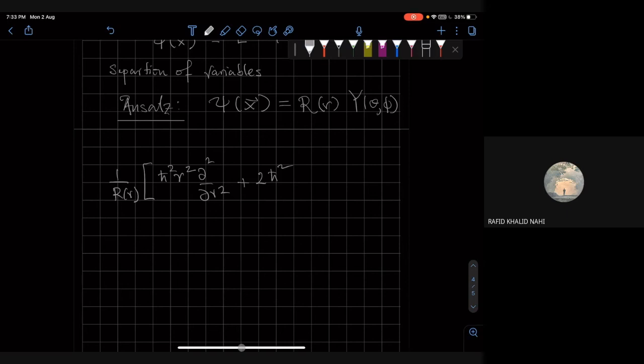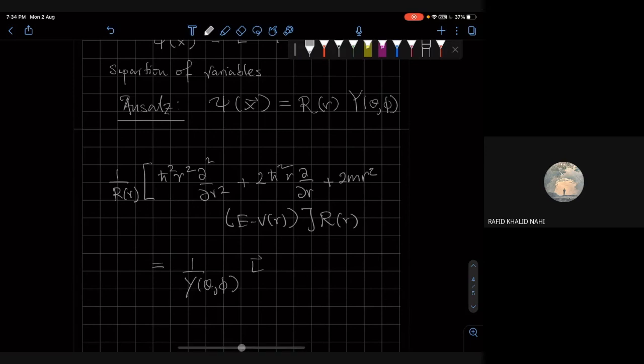Yeah, that should be a plus sign. Okay, and then ħ squared r d by dr plus 2mr squared (E minus V of r) acting on R of r. And on the right-hand side, we have 1 over Y of theta, phi and L squared acting on Y of theta, phi. Okay?